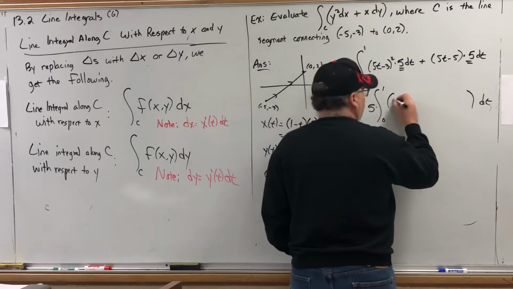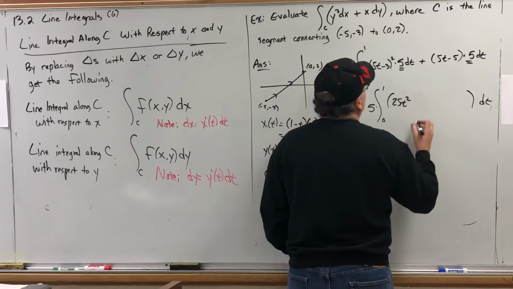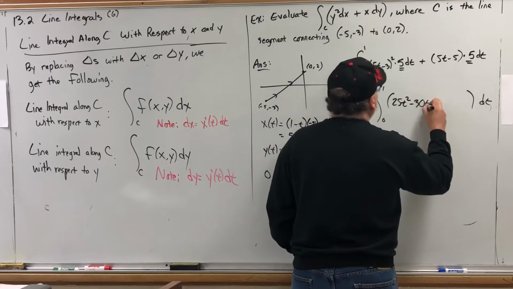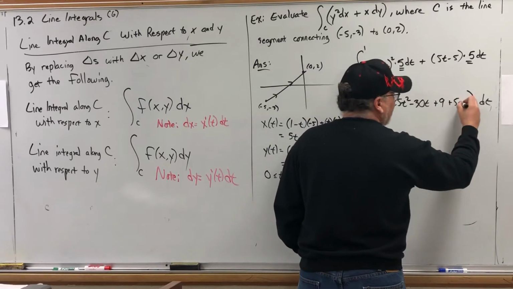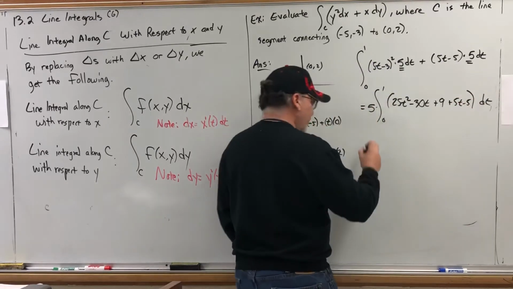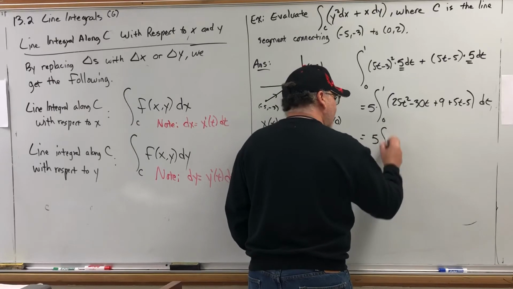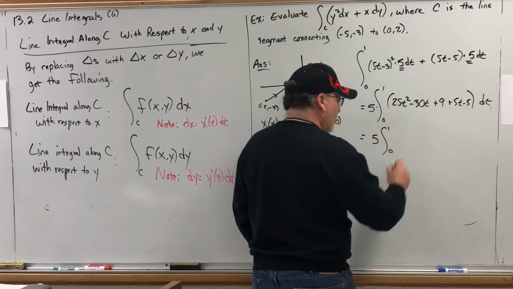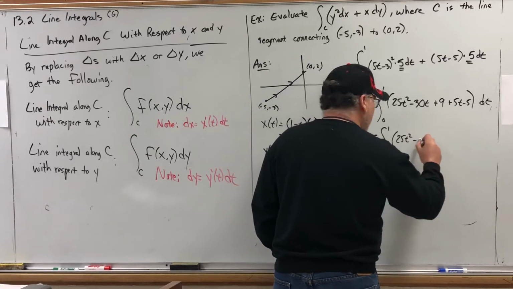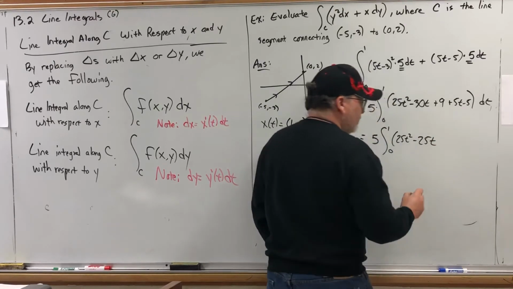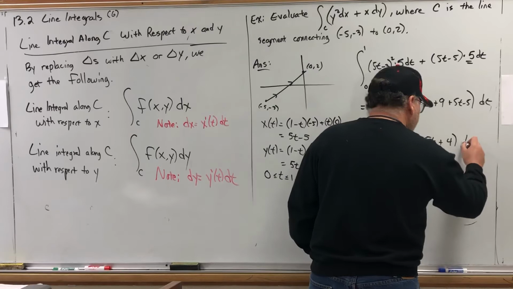If we square this, we'll get 25t squared minus 30t plus 9, and then we have the plus 5t minus 5. So we still have the 5 on the outside of the integral from 0 to 1 of 25t squared minus 25t plus 4 dt.